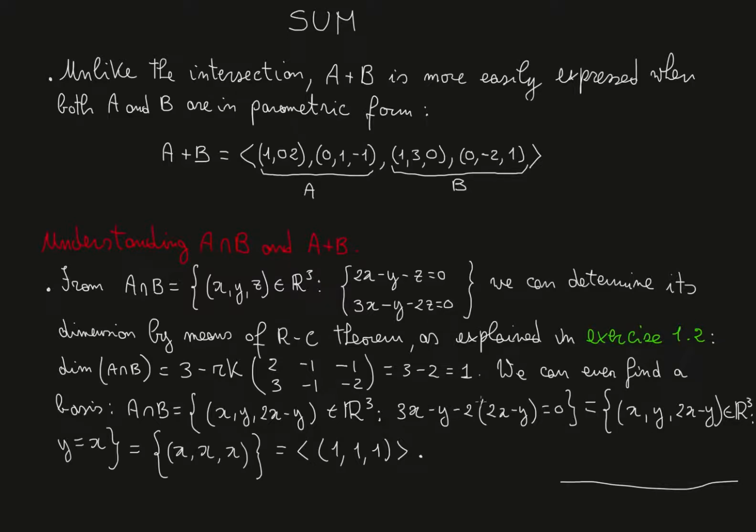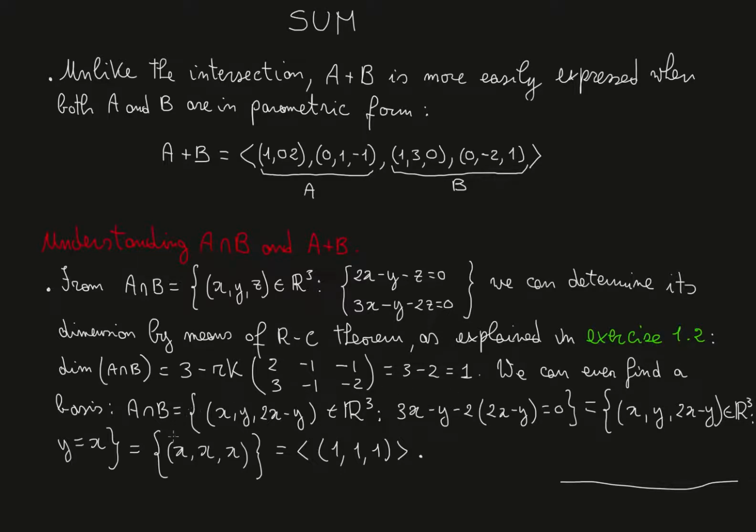Now, just expanding this equation, we will end up having just the following equation, y equals x. And then the next step is imposing this condition in the writing of the generic vector, so that y equals x here becomes x, and then here, if we write y equals x, this will also become x.